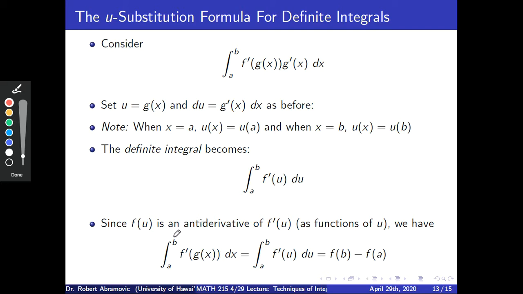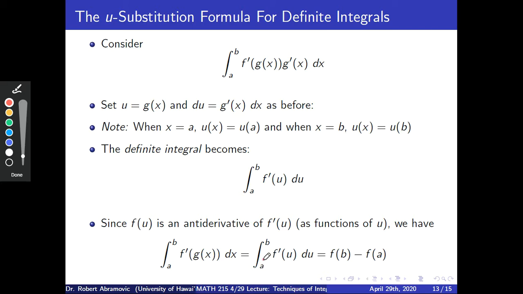So sorry, this should have become, so from a to b, this upper bound here should have become u of b, and this lower bound here should have become u of a.